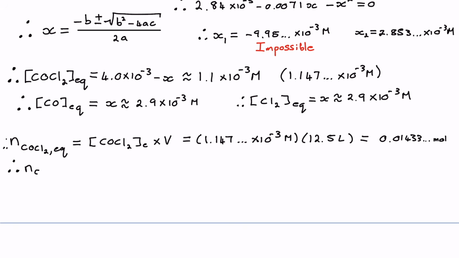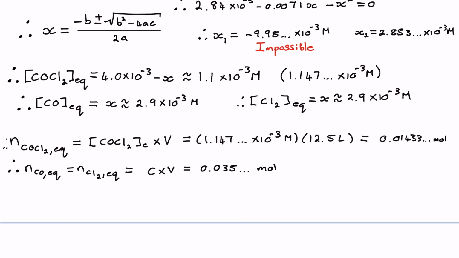So the number of mole of CO at equilibrium is equal to the number of mole of Cl2 at equilibrium, right? Because their concentrations are equal. So it's concentration times volume. And the value that I got here is 0.035 mole.